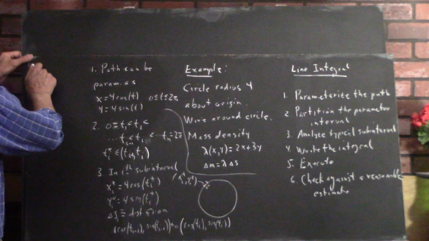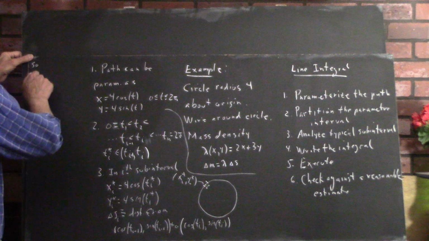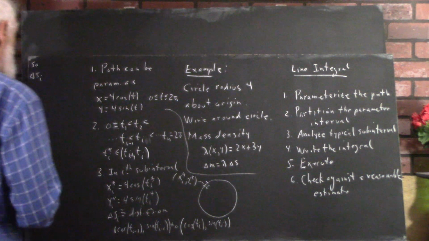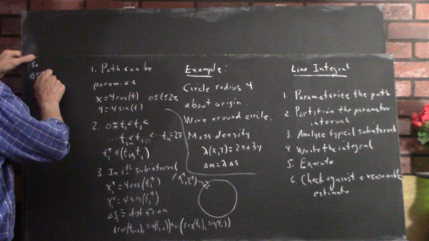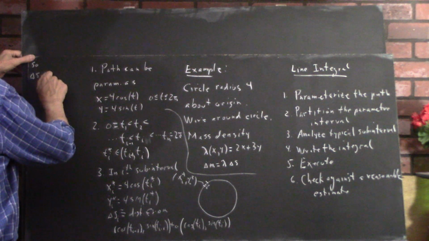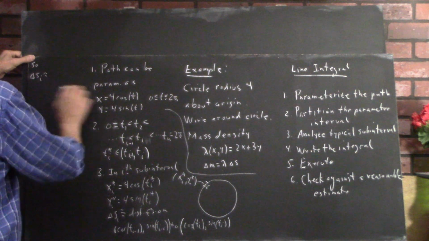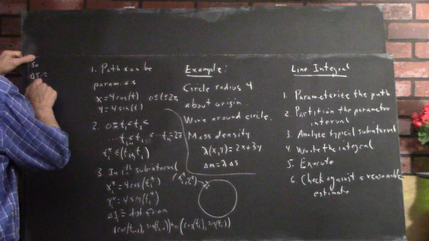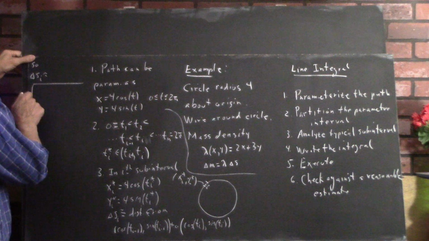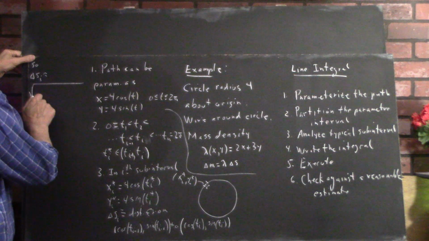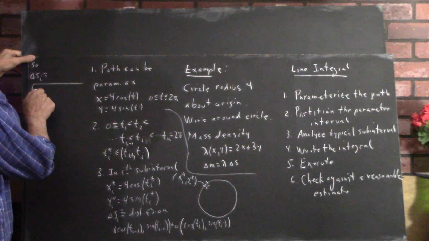So delta S sub i is going to be approximately equal to, not going to have room to write it there, but I'm going to attempt it right here. I'm not going to have room, but we'll try anyway.